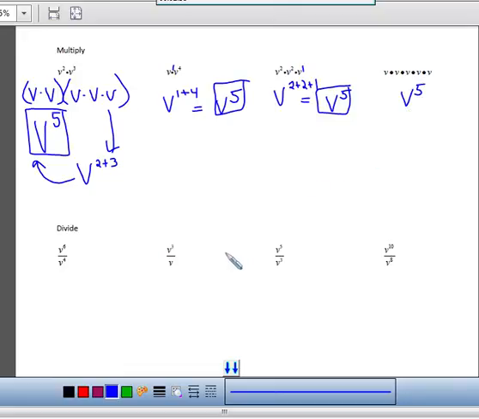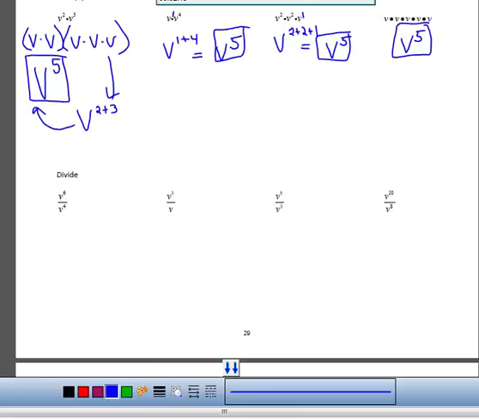Alright? Now, when we divide, same as when we were dividing before, we will be subtracting. So v to the 6th over v to the 4th. Let me show you what that looks like when I expand it. So I have 6 v's. Probably should have started with the second one. It's a lot easier. 2, 3, 4, 5, 6 over 4 v's.